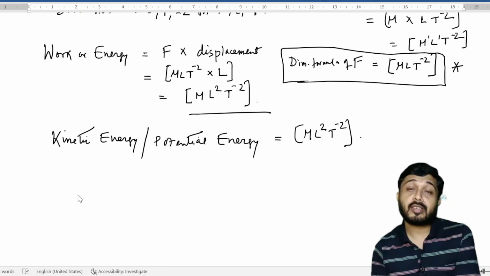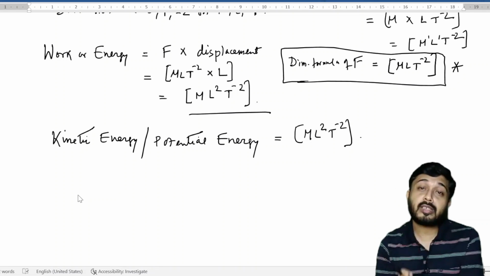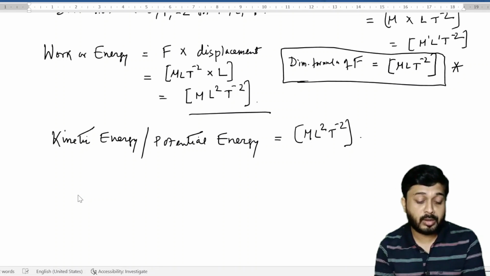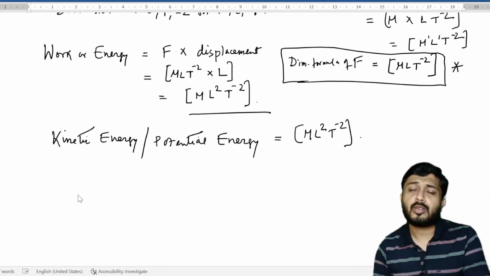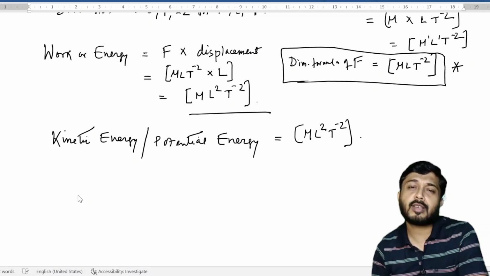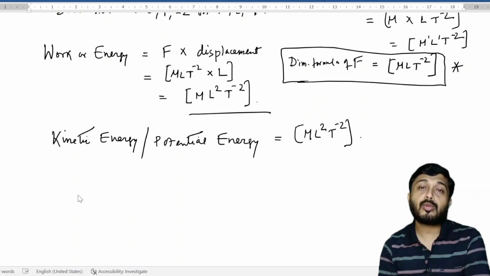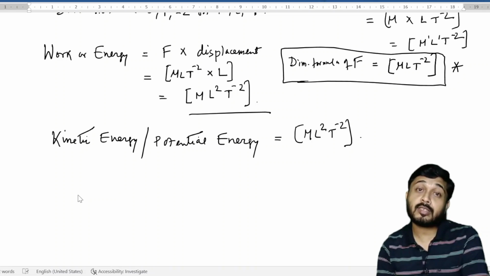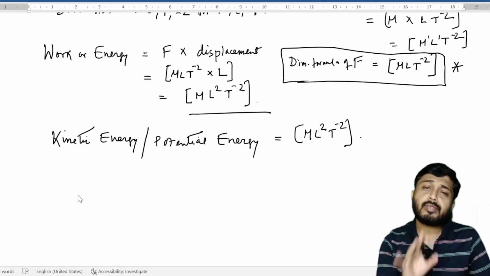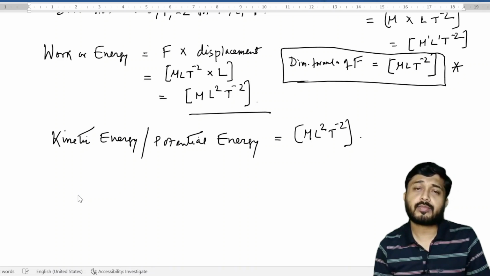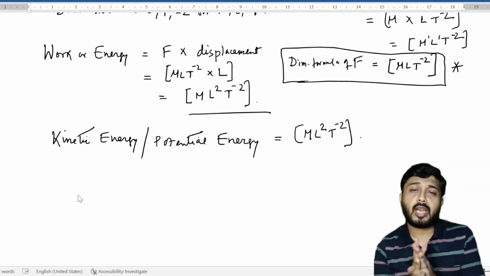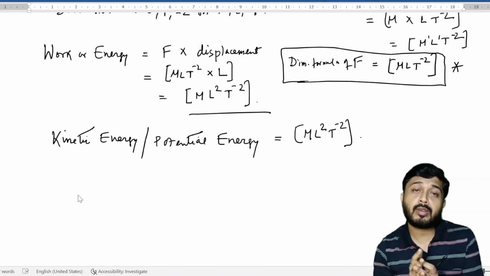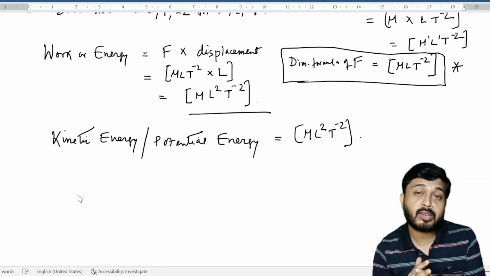Let me tell you that within the entire course of class 11 and 12, you are going to come across almost 200 to 250 different physical quantities, which are still unknown to you. After your class 10 standard, you have not been familiar with those physical quantities. Yes, these things are going to come one by one in different chapters of your study. You will start getting familiar with newer and newer physical quantities.